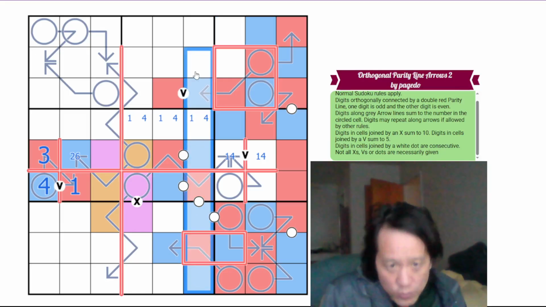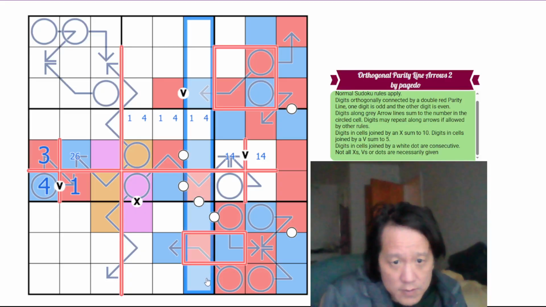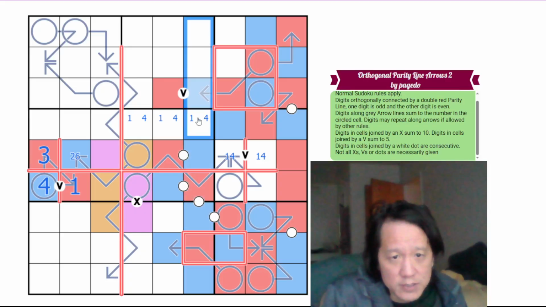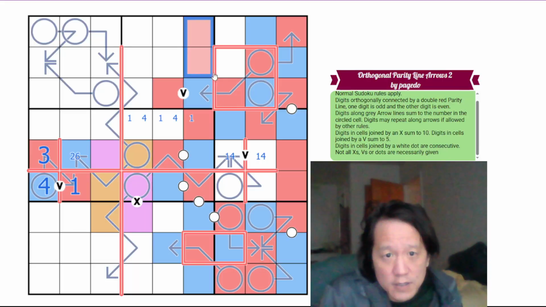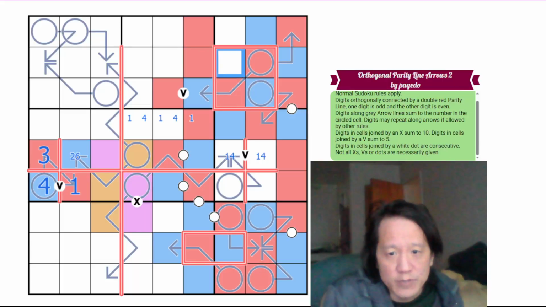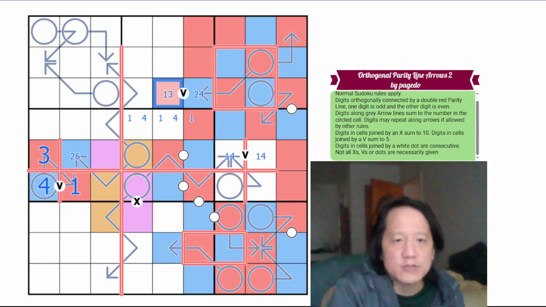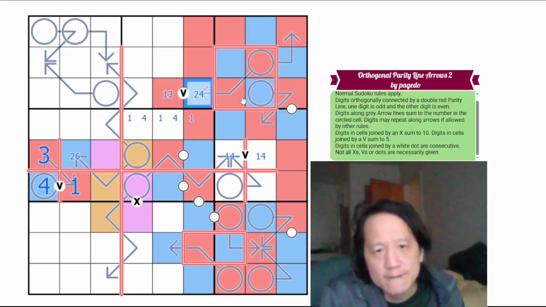Oh, we have 4 evens in column 6, which eliminates evens in the rest of the column. So this cannot be 4. These are odd. Since this is odd, that makes this even, which makes this odd. This has to be 2 or 4 here, which must add up to 5 with 1 or 3.